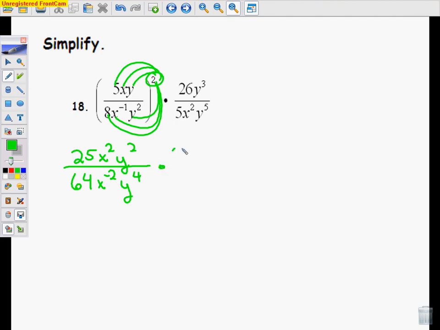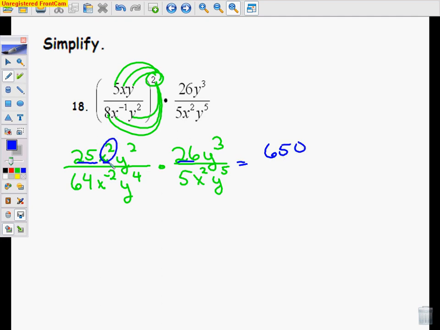All right, let's go ahead and bring down the other expression, 26y cubed over 5x squared y to the 5th. Now, whenever you multiply fractions, you always multiply straight across. So that's what I'm going to suggest that we do here. 25 times 26, that equals 650.